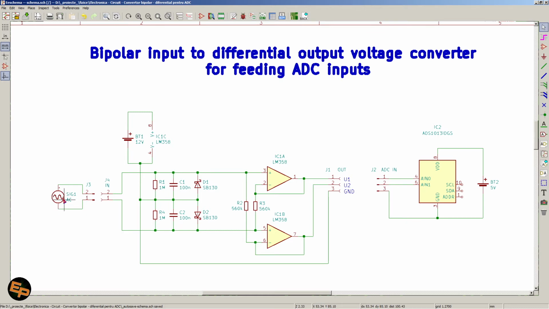Also, so we are having this signal here, this bipolar signal, which is symbolized by this circle with a sine wave on it, and our goal is for its voltage values to be measured by the ADC on the far right side of the screen. Okay, and this is an ADC with two inputs.